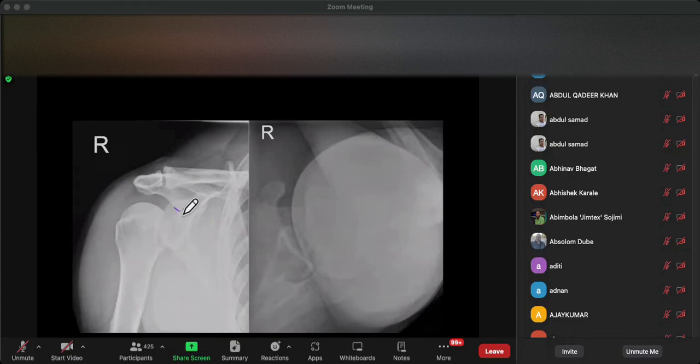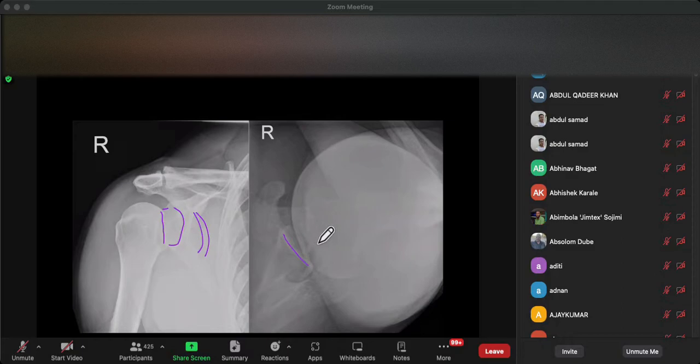So if I could just draw around. Well, that's wider at the top than it is at the bottom. And it should be like that. Okay. So the very fact that it's wider at the top than the bottom should alert you that there's a posterior dislocation. And then there's the glenoid.